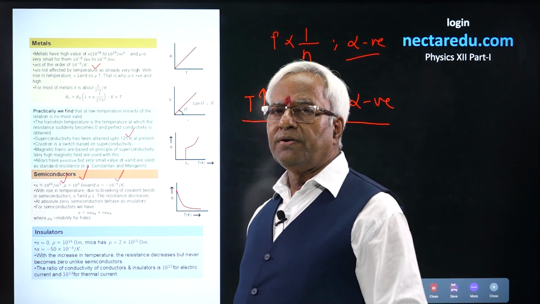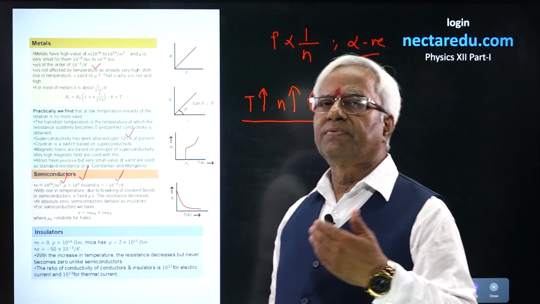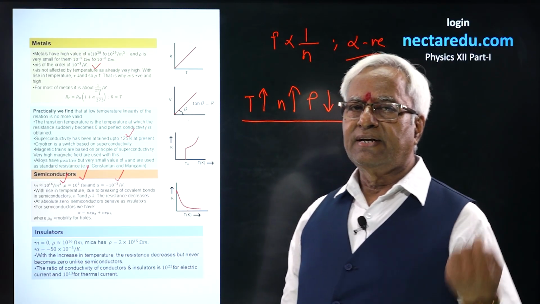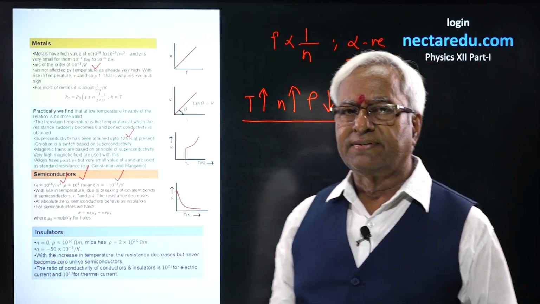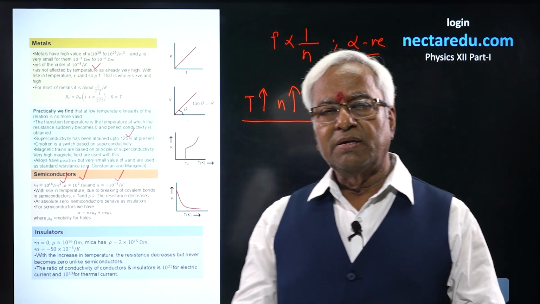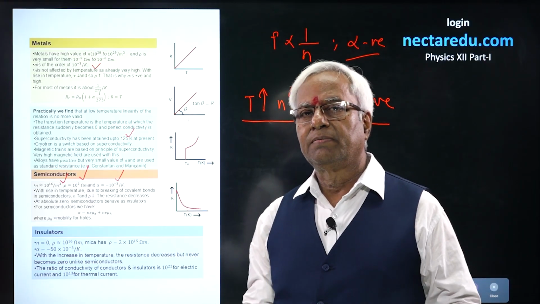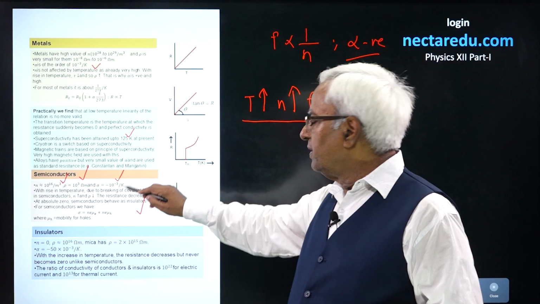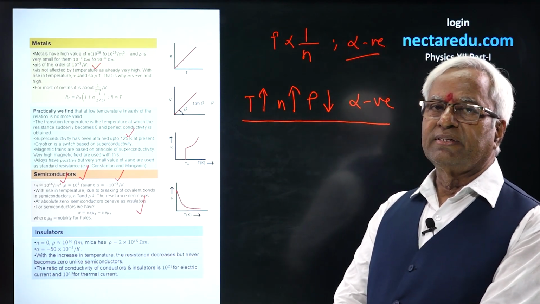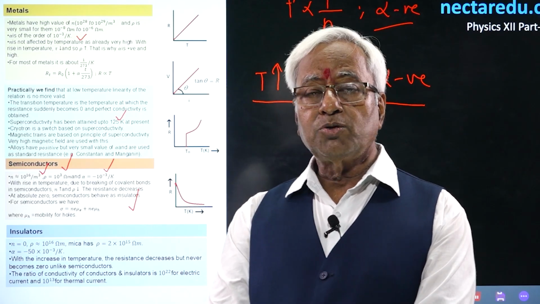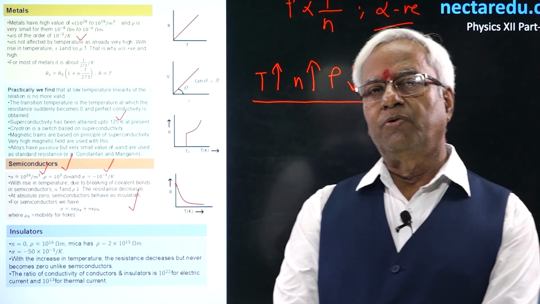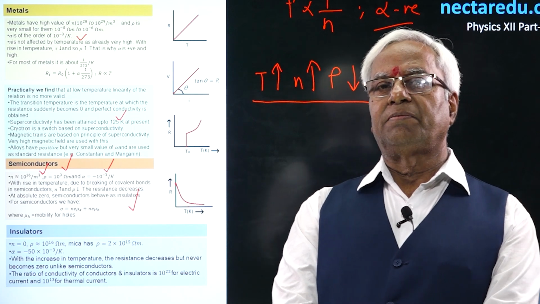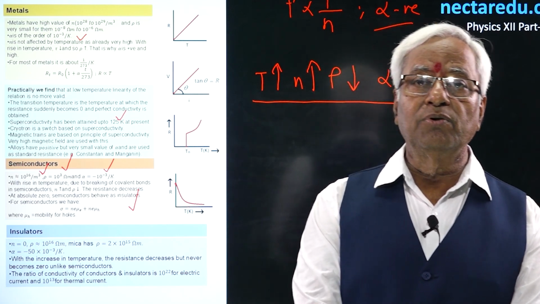If you go on reducing the temperature, the resistance will go on increasing, and we might say with confidence that at absolute zero, or 0 Kelvin, the semiconductors will start behaving like a perfect insulator. But one thing you must remember: conductivity is possible in semiconductors because of holes and free electrons both, whereas in metals conductivity is only due to free electrons.